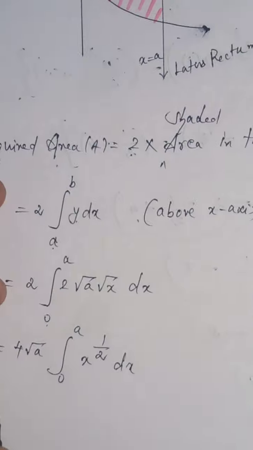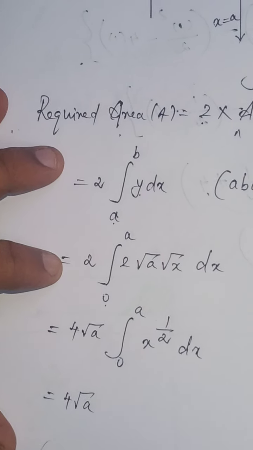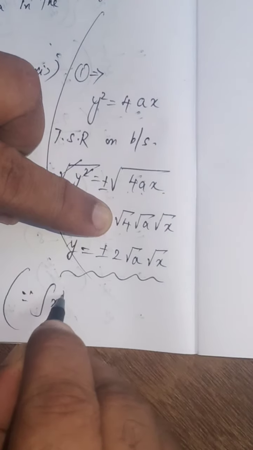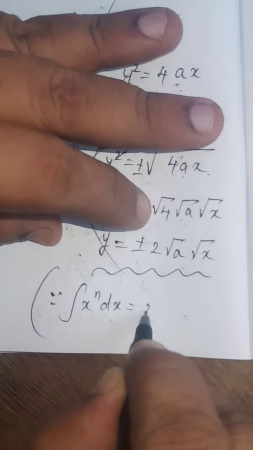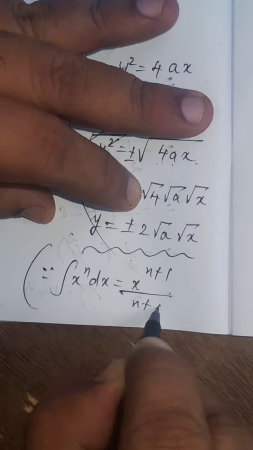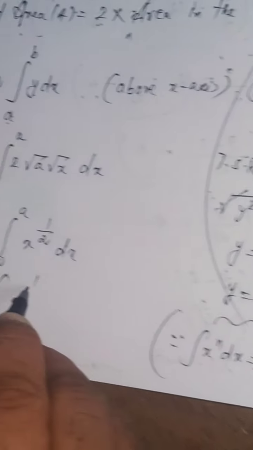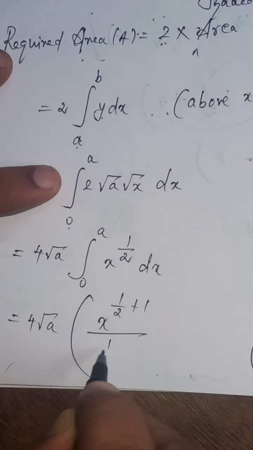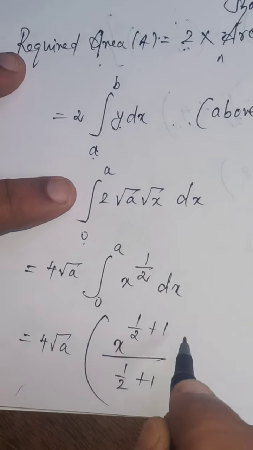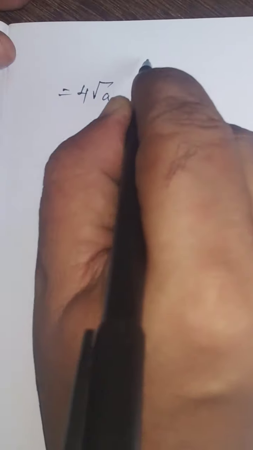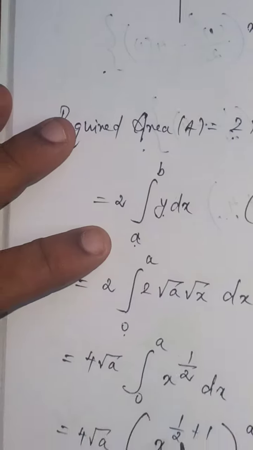That is equal to 4 root a. Here you can apply the formula integral x power n dx equals x power n plus 1 divided by n plus 1. So here x power half plus 1, divided by half plus 1. Integration over, you have to apply the limits. That is equal to 4 root a as it is. Half plus 1 equals 3 by 2.